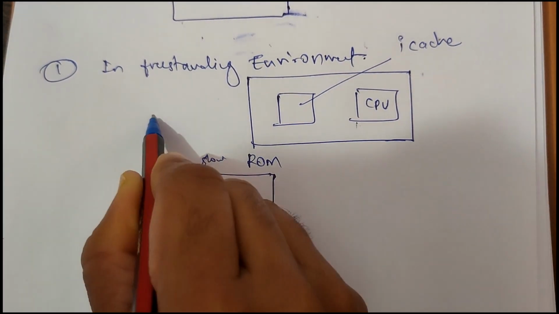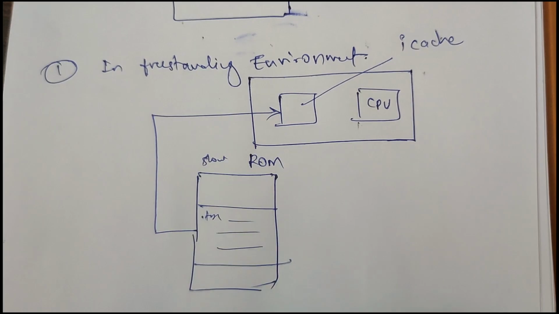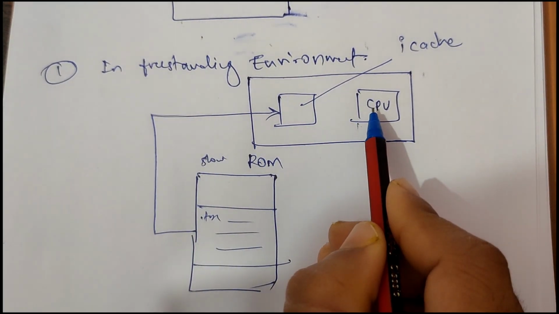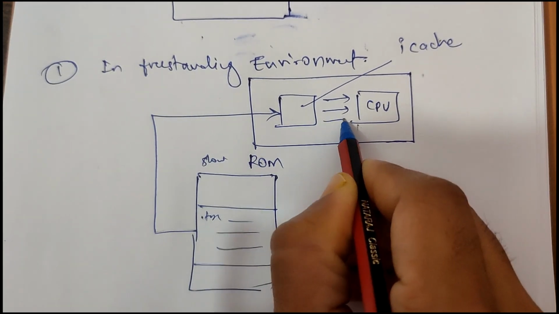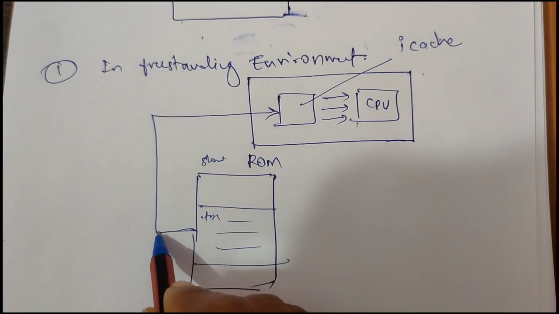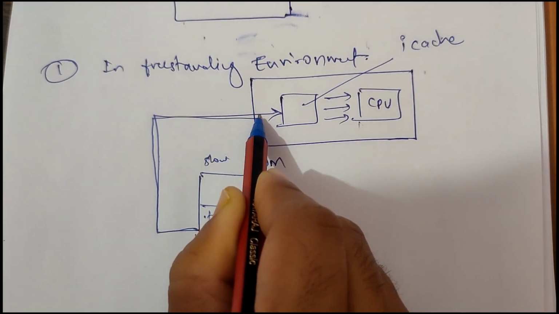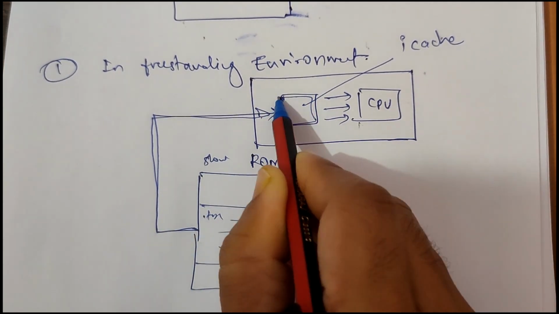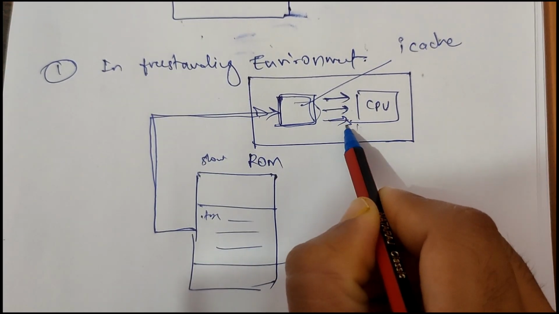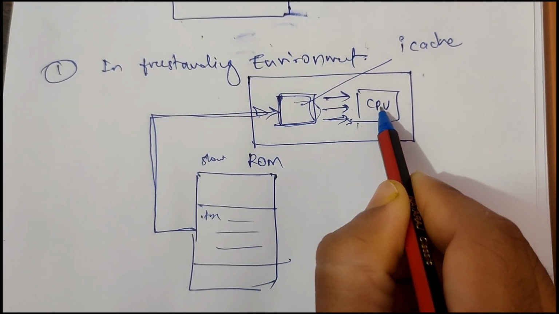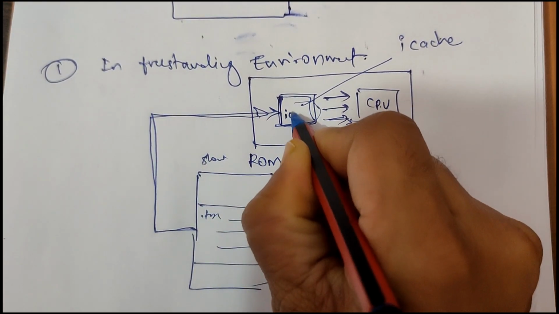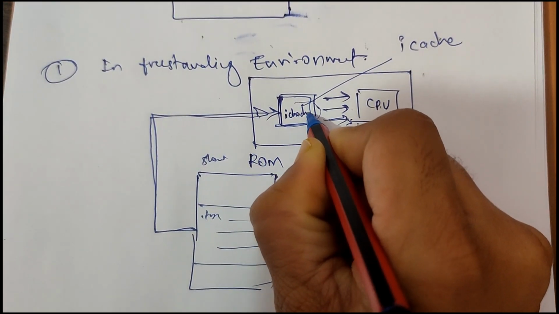So from this slow ROM, the CPU continues to fetch instructions from the slow ROM to the iCache, and then fetches them very fast from the iCache to the CPU. I should write here itself: it's cache.